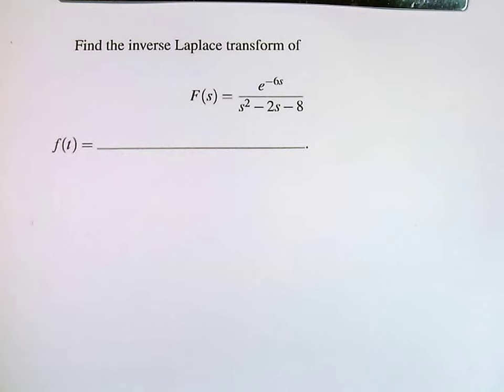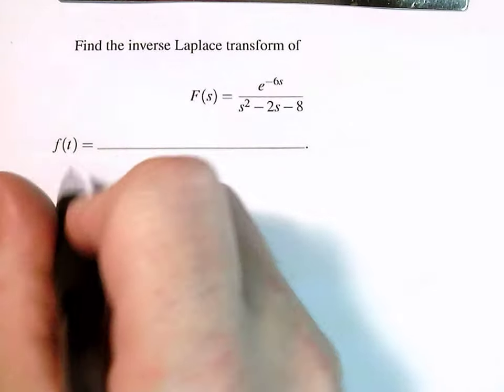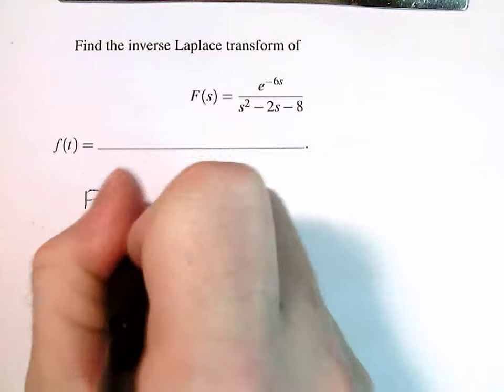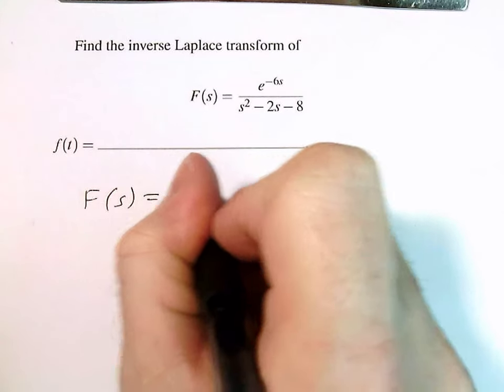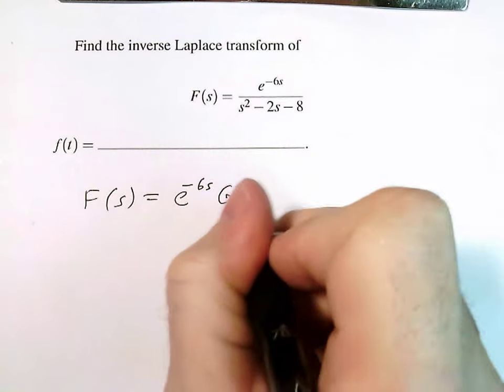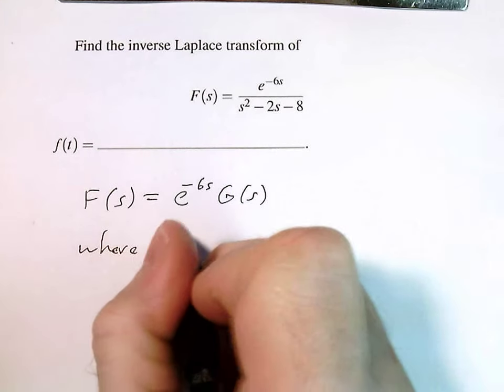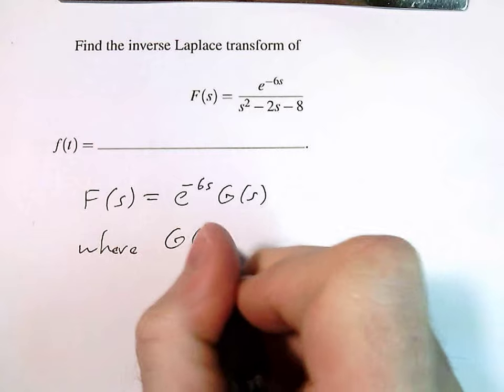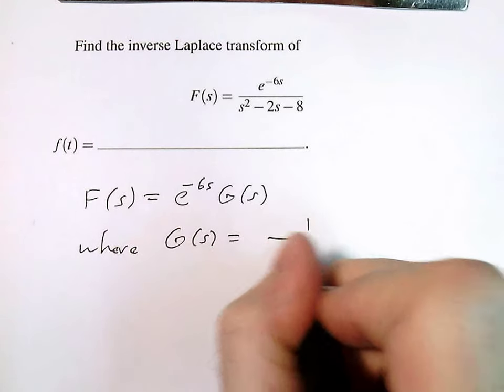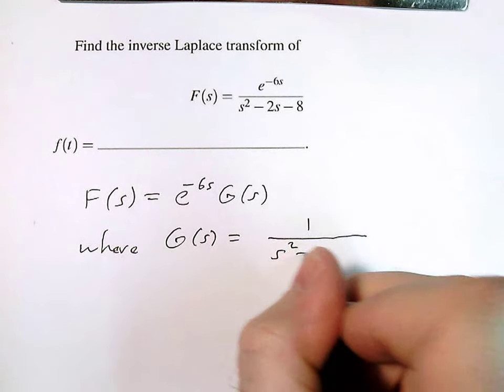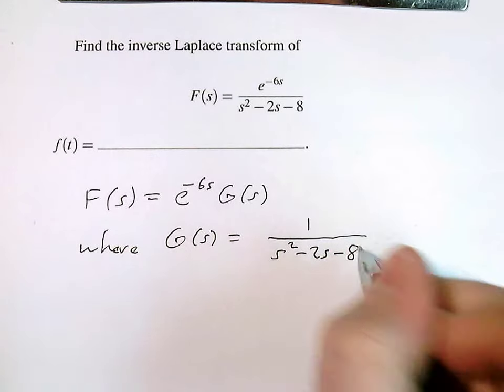Okay, for this problem I want to find the inverse Laplace transform of this given function here. What I'll write is my F(s) here is e^(-6s) times G(s), where G(s) here is 1 over s squared minus 2s minus 8.